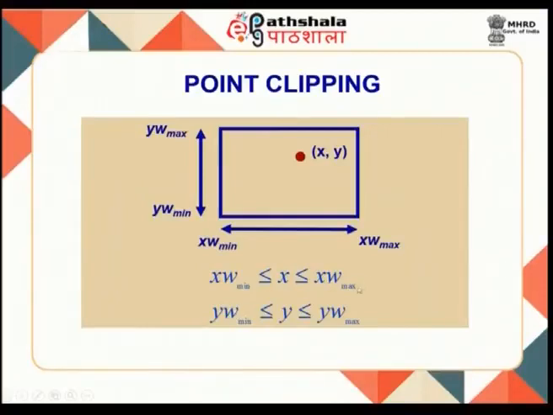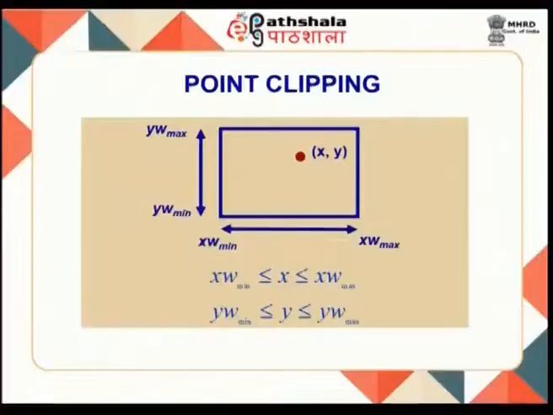Now, let us assume that one of the inequalities is not satisfied. There are 4 inequalities as I just said. Let us assume that one of them is not satisfied by the point. Let us take, say, x is greater than xw min, but x is also greater than xw max.